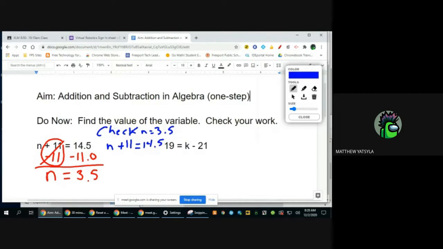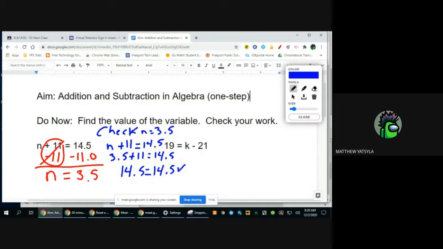Then we're going to substitute our 3.5 for the n. 3.5 plus 11 equals 14.5. 14.5 equals 14.5. This is a true sentence, so we know our answer is correct.